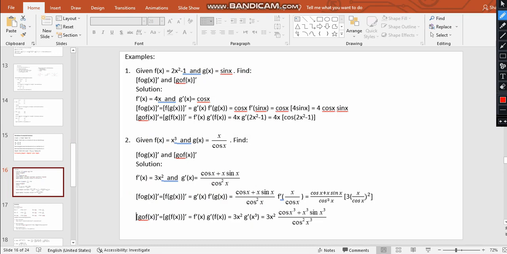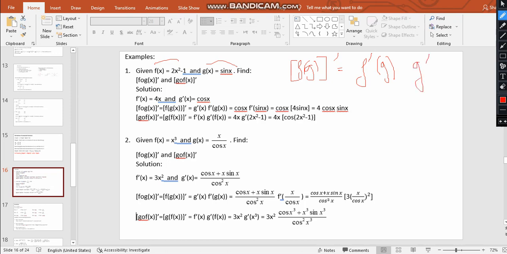So if you have f of x and g of x, find f rho g of x and g rho f of x. First of all, I need to find f prime of x and g prime of x. So this is 4x and g prime of x is cosine x. I want to find f rho g of x. It means I want to find derivative of f of g prime. So this is f prime of g, don't forget, times g prime.